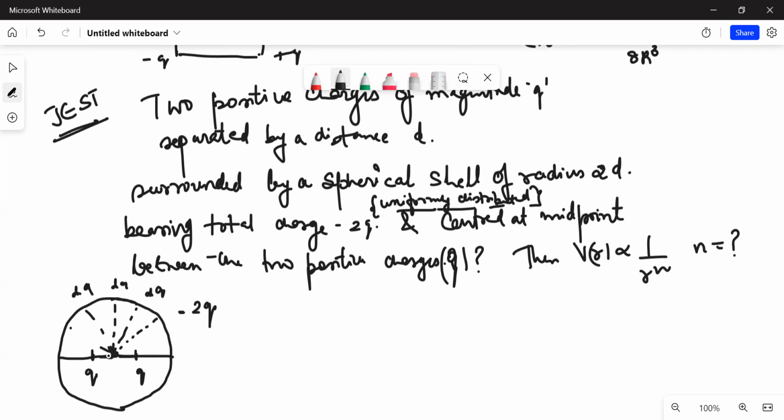So you can say that origin is a point of symmetry for all these charges. That is, on this surface the total charge is minus 2q, and all these dq charges are placed symmetrically from the origin, isn't it?